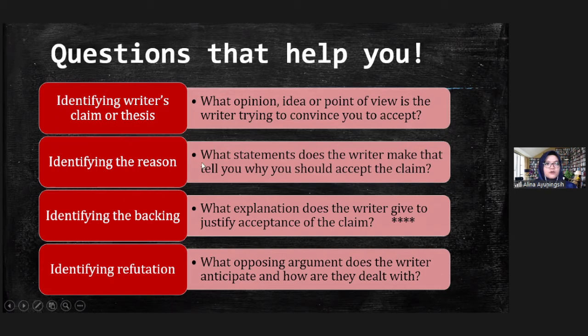And now let's move on to identifying reason. Basically, the reason is not a must in the argumentative essay. Mostly we don't find the reason on why the writer tells us that we should accept his or her claim.